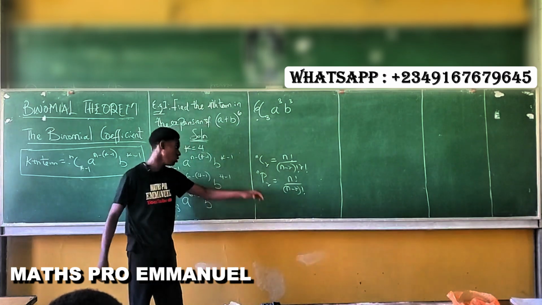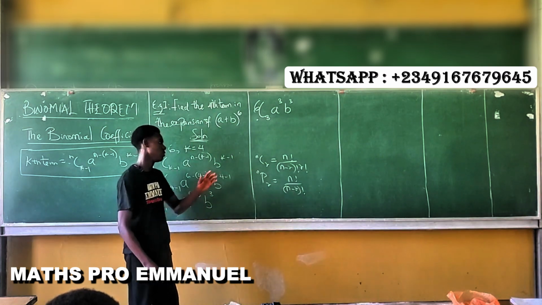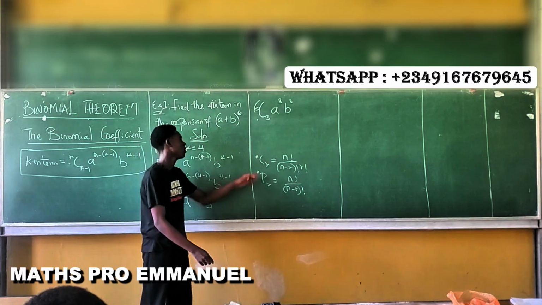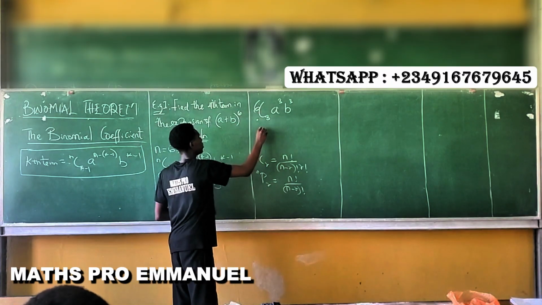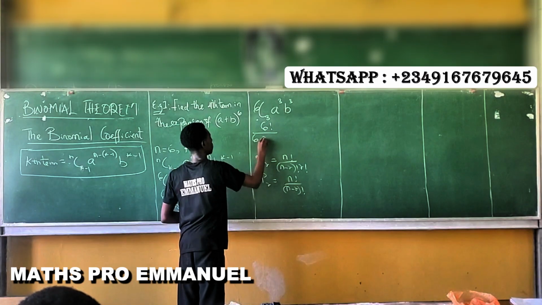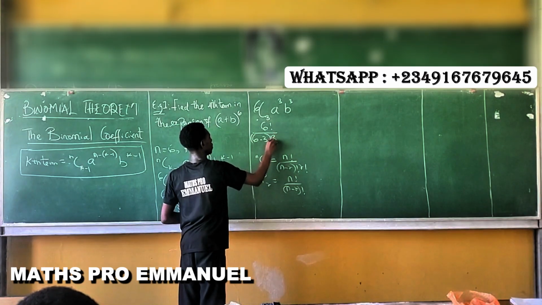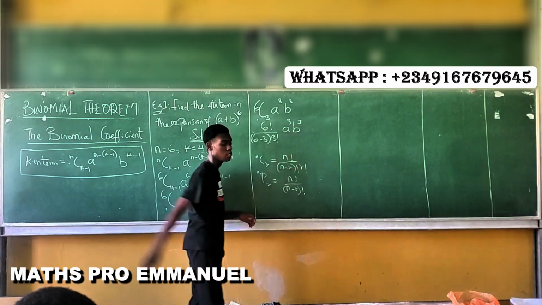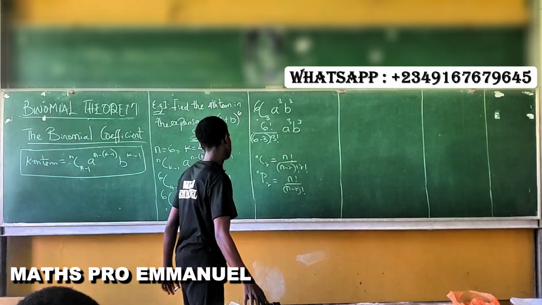You need to know this; it should be at your fingertips. You are not doing permutation, you are only doing combination. So 6 combination 3 will be 6 factorial all over (6 minus 3) factorial, 3 factorial, then a raised to the power of 3, b raised to the power of 3. Easy.